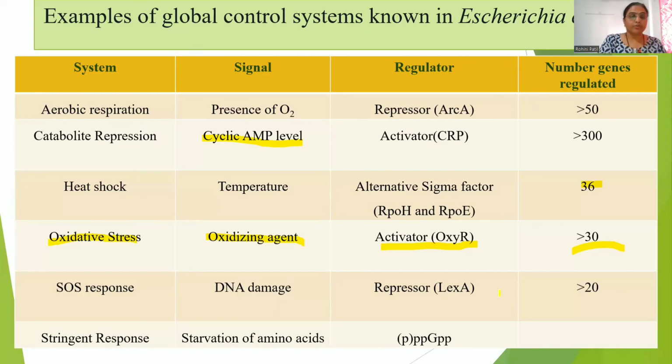Thus, here we have taken some examples only. Here we have learned about aerobic respiration, catabolite repression, heat shock, oxidative stress, SOS response, stringent response, and which are the global regulators: ArcA, CRP, RpoH, RpoE, activator OxyR, repressor LexA, and the signal molecule guanine tetraphosphate and guanine pentaphosphate.